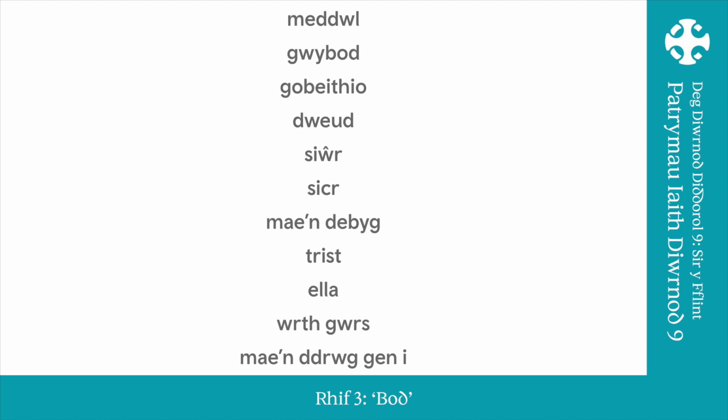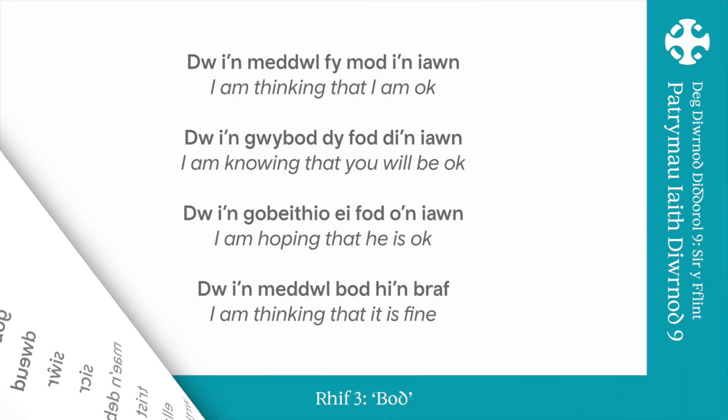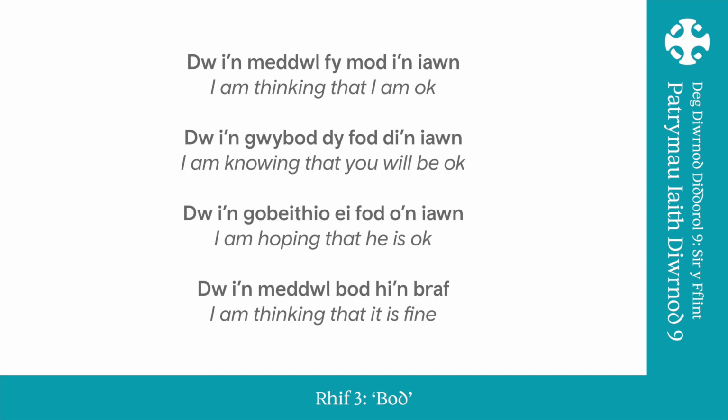Meddwl, gwybod, gobeithio, deud, siŵr, sicr, mae'n debyg, trist, ella, wrth gwrs, mae'n ddrwg gen i. If the bod is followed by a pronoun, then we use the possessive pattern from part 1. Here the English has been written as a literal translation rather than in common usage.